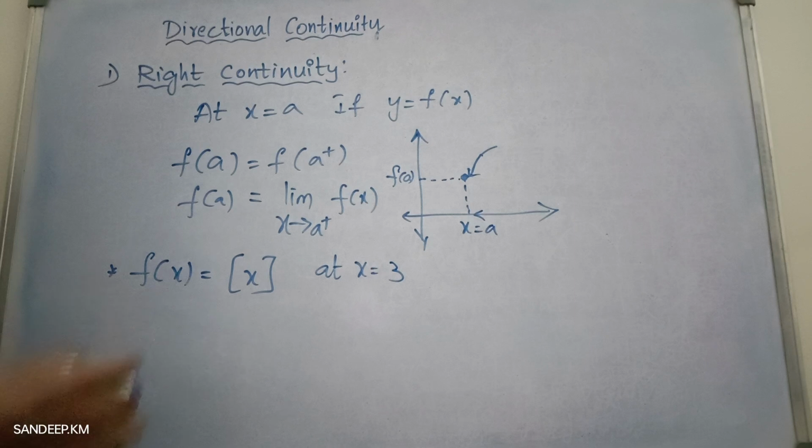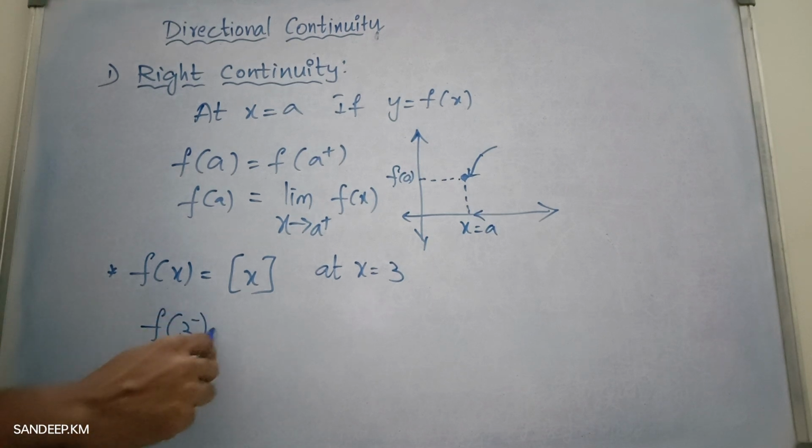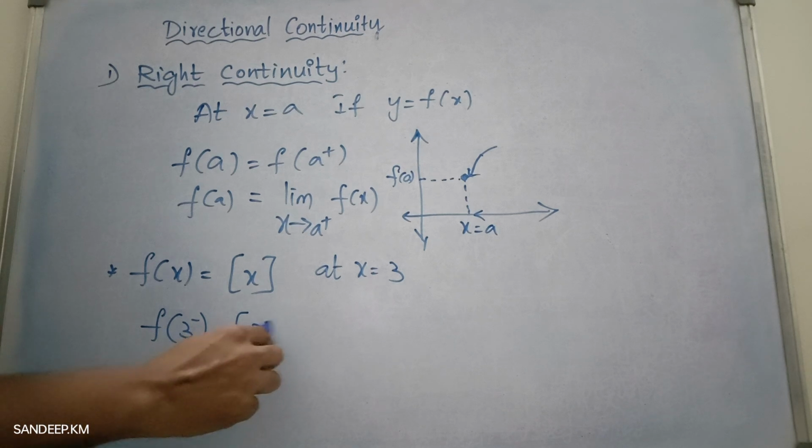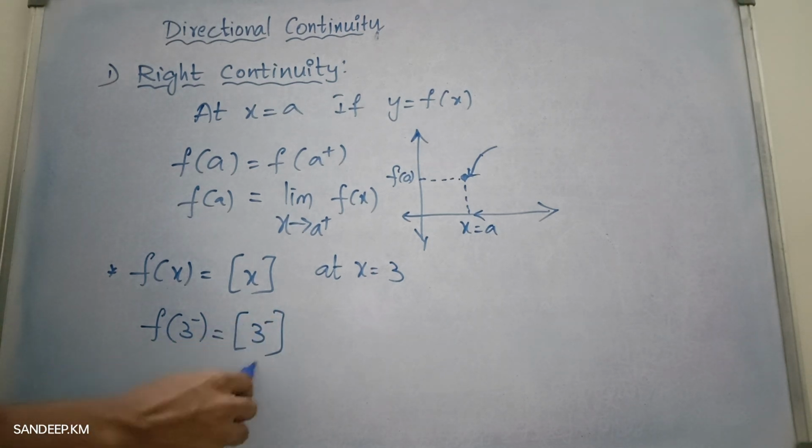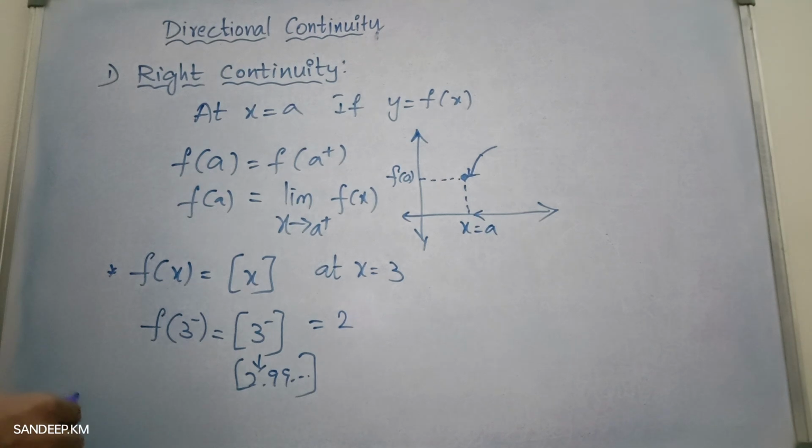At x is equal to 3, let us find all three values: the left hand limit, right hand limit, and also the value of the function. So what is f of 3 minus, the left hand limit at x is equal to 3? It is nothing but step of 3 minus. Step of 3 minus means step of 2.999 and so on, which is equal to 2, as you know. So our left hand limit is equal to 2.